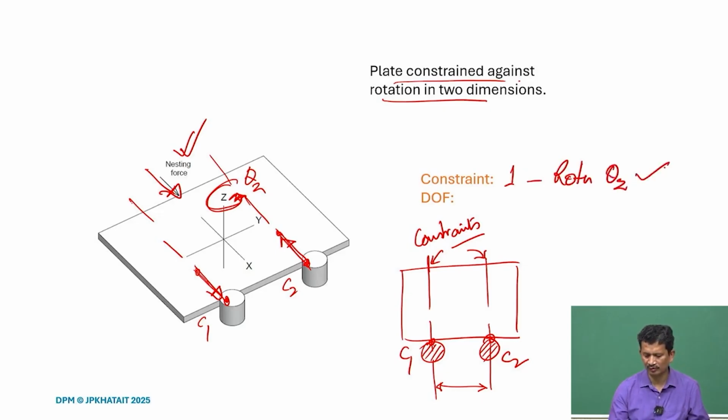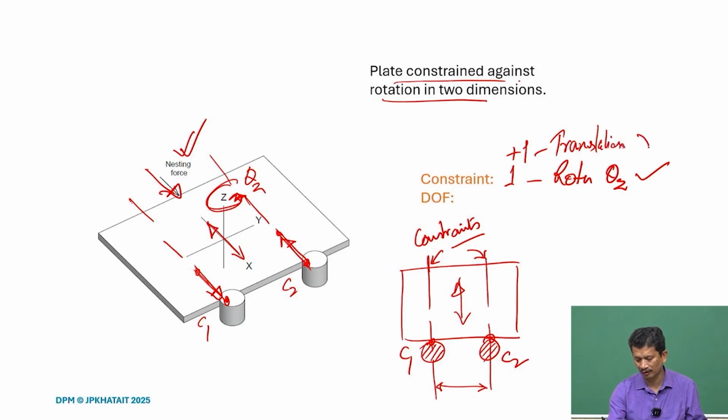That rotation will not be there. What about the x motion? If we try to move in x direction, of course, that is not possible. So, there will be one more constraint, which is translation. Since the constraints are all in the x direction, they will provide translation constraint x.